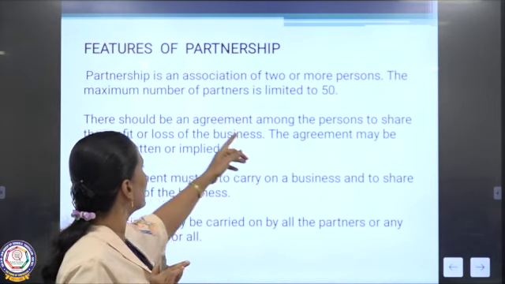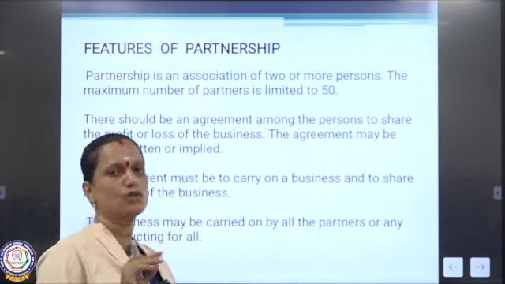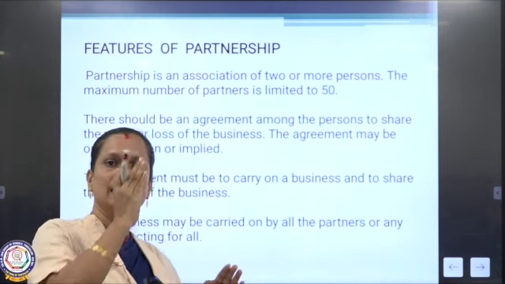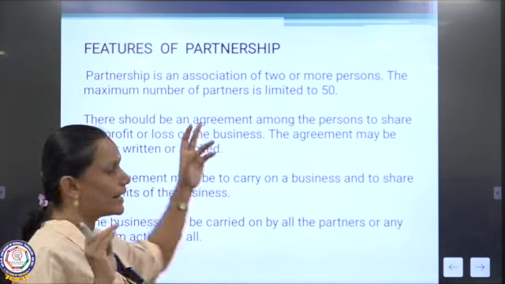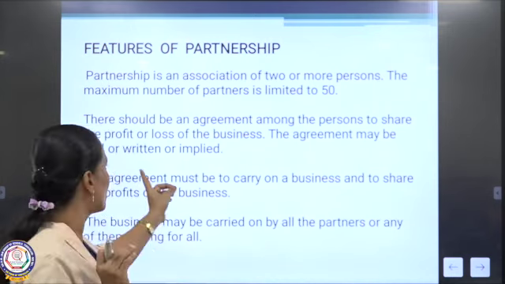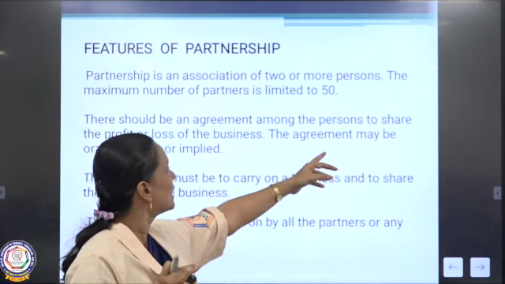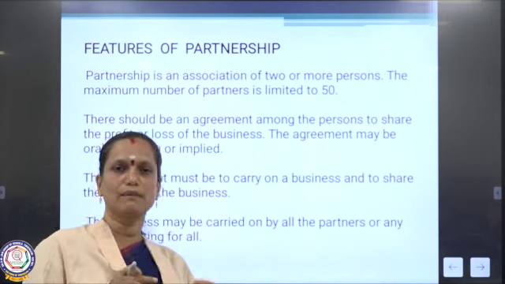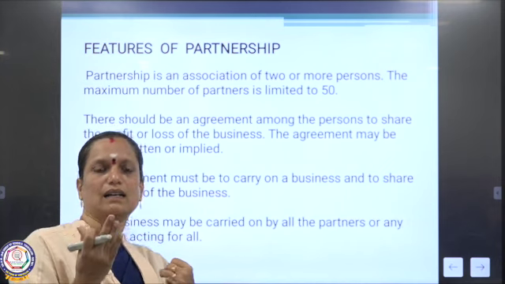There should be an agreement among the persons to share the profit or loss of the business. Already I said they will fix an agreement, and only then will they continue the business. According to that agreement they share the profit. The agreement may be oral, written, or implied. Sometimes it may be oral, where they understand each other.